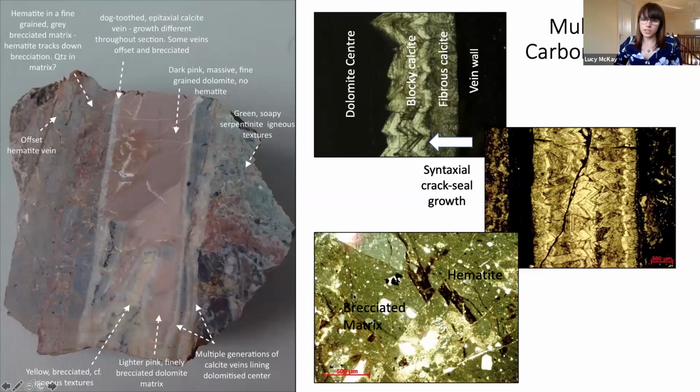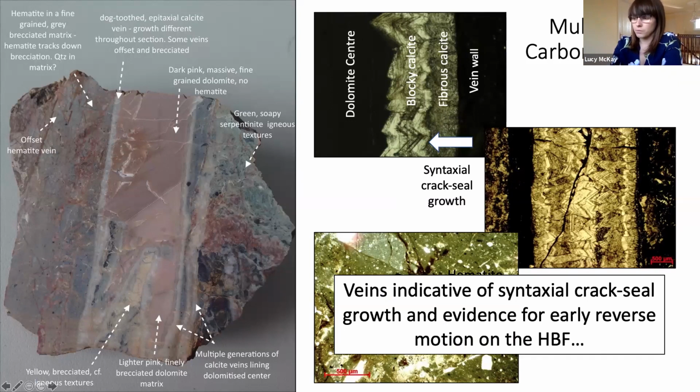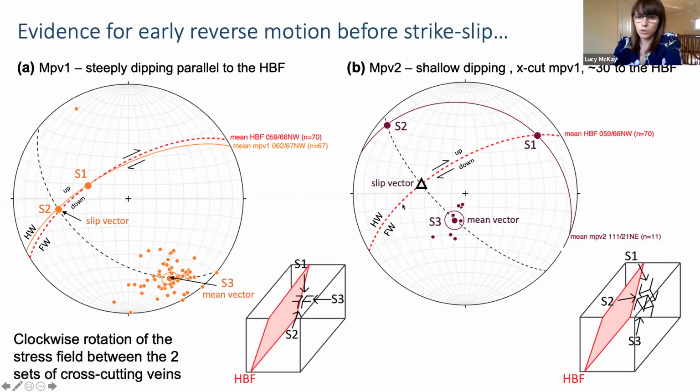This slide shows a thin section of these multi-phase veins, and you can see that the calcite, which lines the vein walls, displays a dogtooth epitaxial texture, which is indicative of crack-seal growth and extensional opening mode fractures. So it tells us a bit about how the fault moved. I'm not going to go into detail explaining the data behind the stereonets, but it's all from our field data on the veins that we saw in this unit.